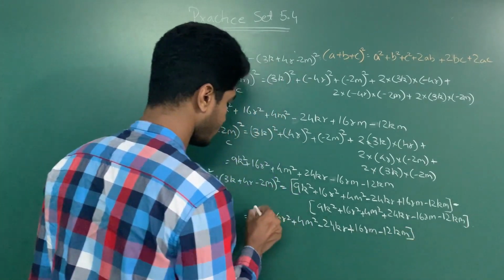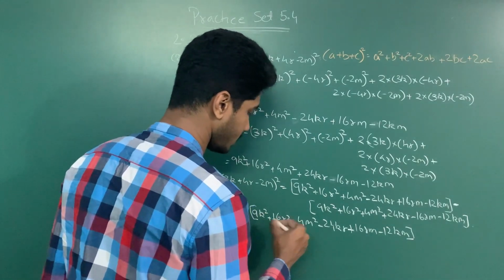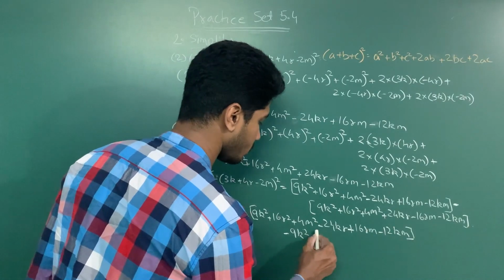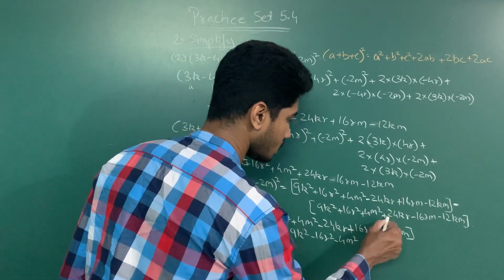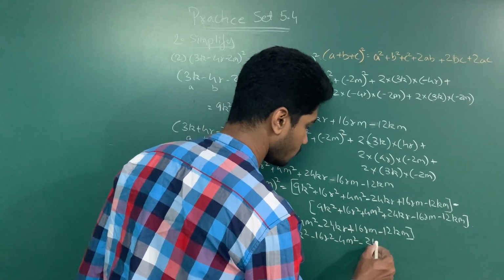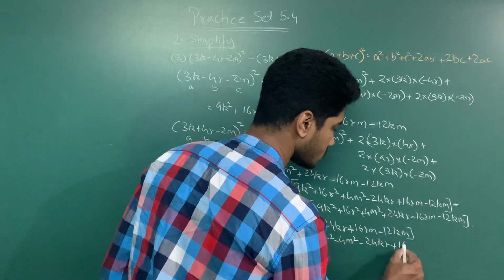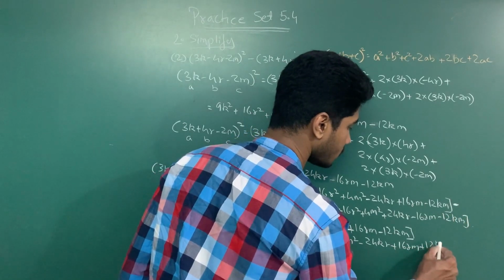We'll put this in the bracket. Okay. So when we take a minus sign inside, this will turn to 9k square minus 16r square minus 4m square, minus plus change to minus 24kr, minus and minus will be plus 16rm, minus minus will be plus 12km.